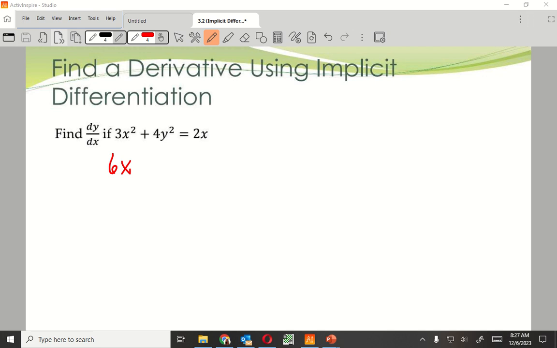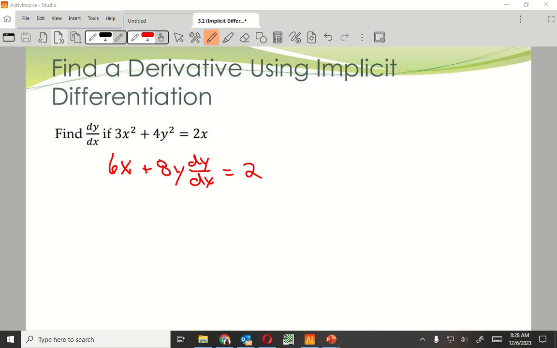Okay, nothing crazy there. Now the derivative of 4y squared. 8y, right? And then when I take the derivative of something that's not the x, I add dy dx. Okay, it's a multiplication, just so you know. It's always a multiplication. Bring down my equals. Equals 2. There we go. So we took all the derivatives.